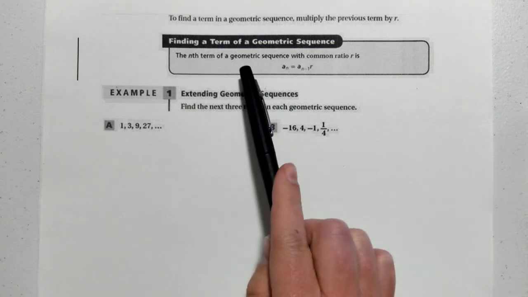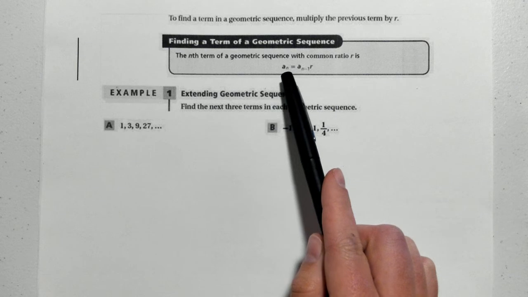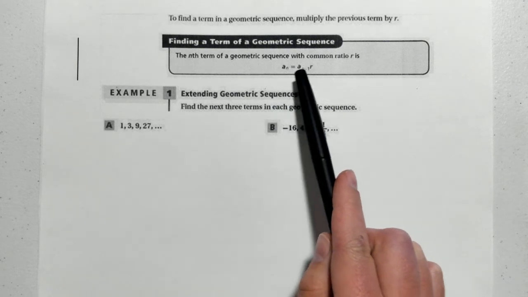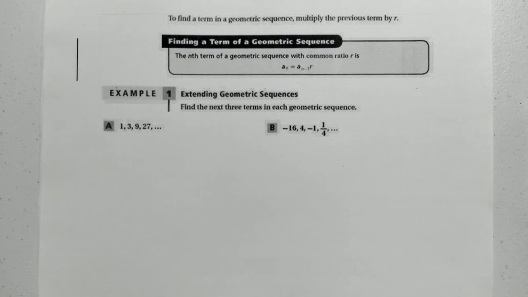The nth term of a geometric sequence with a common ratio r is defined as a sub n equals a sub n minus 1 times r. So you just take the previous term and multiply it by that common ratio. So for a and b, we're going to find the common ratio first, and then we're going to use that common ratio to find the next 3 terms.